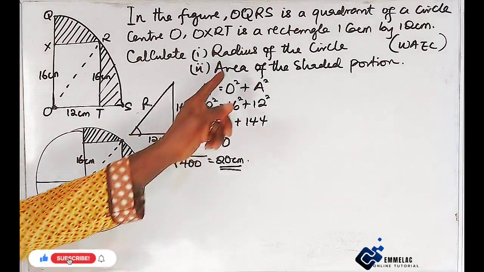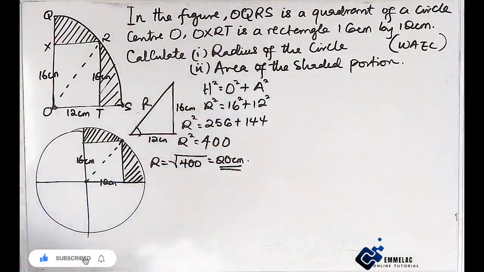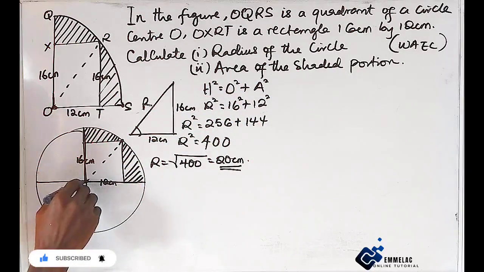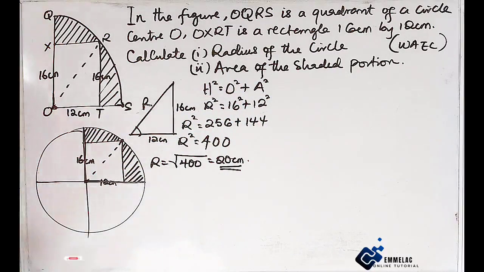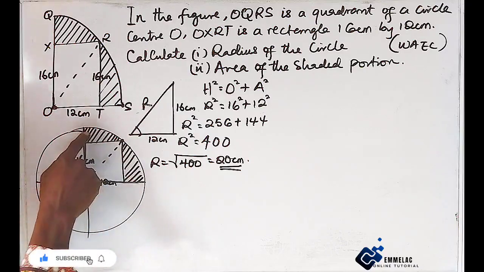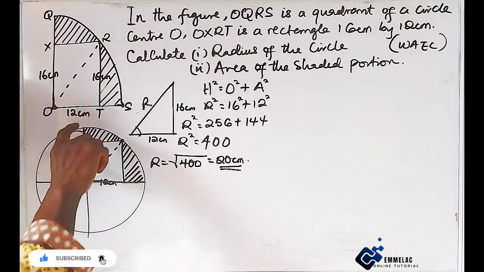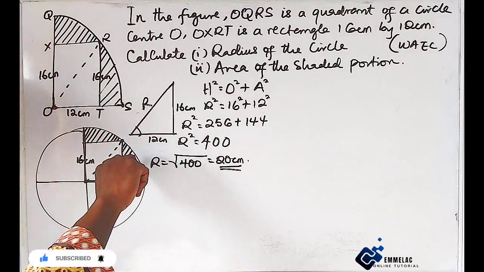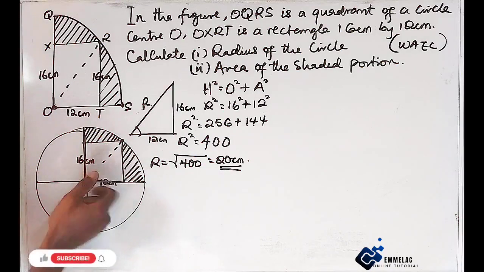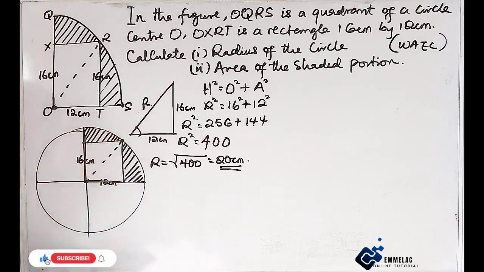Now we are told to find the area of the shaded portion. Looking at this diagram, you attest that it's also a sector of a circle, right? So for us to get the area of the shaded portion, we have to calculate the area of the sector, then subtract the area of the rectangle from the sector. So there we have the area of the shaded portion.